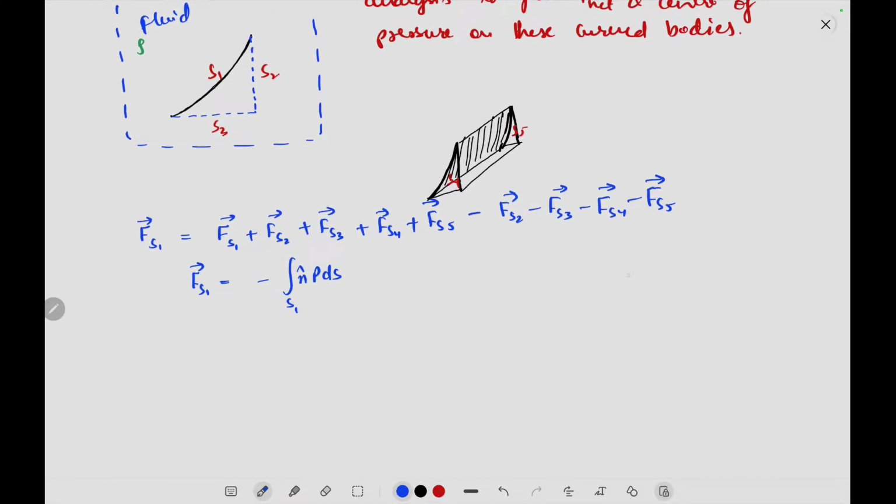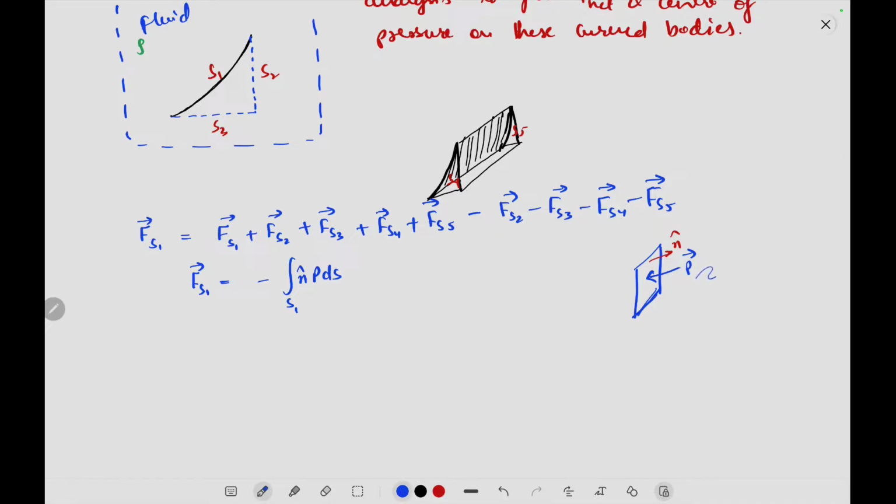The negative sign is there because, let's understand this with an example. If this is your surface and let's say p is going like this, and the area vector goes like that. Let's say the normal area vector is n hat. What would be the force value?